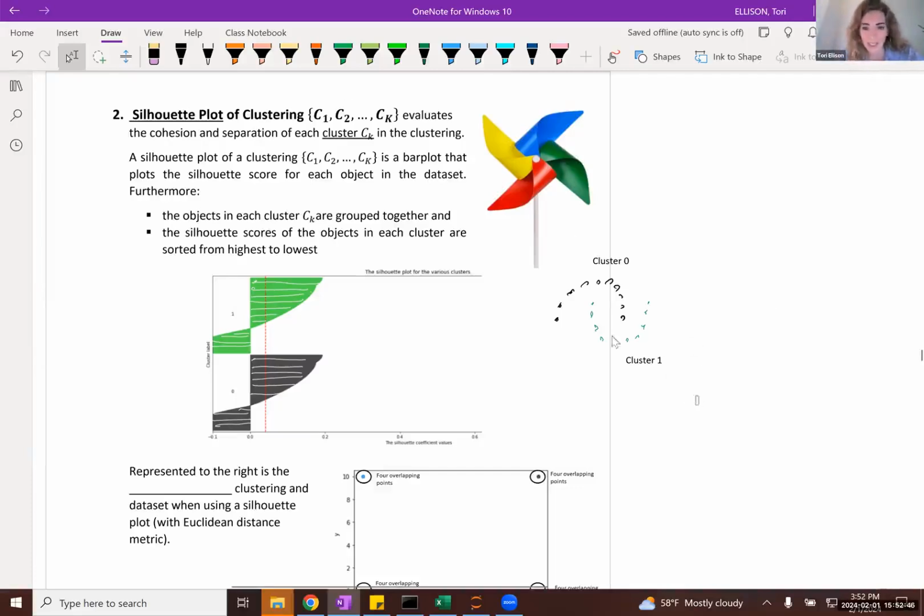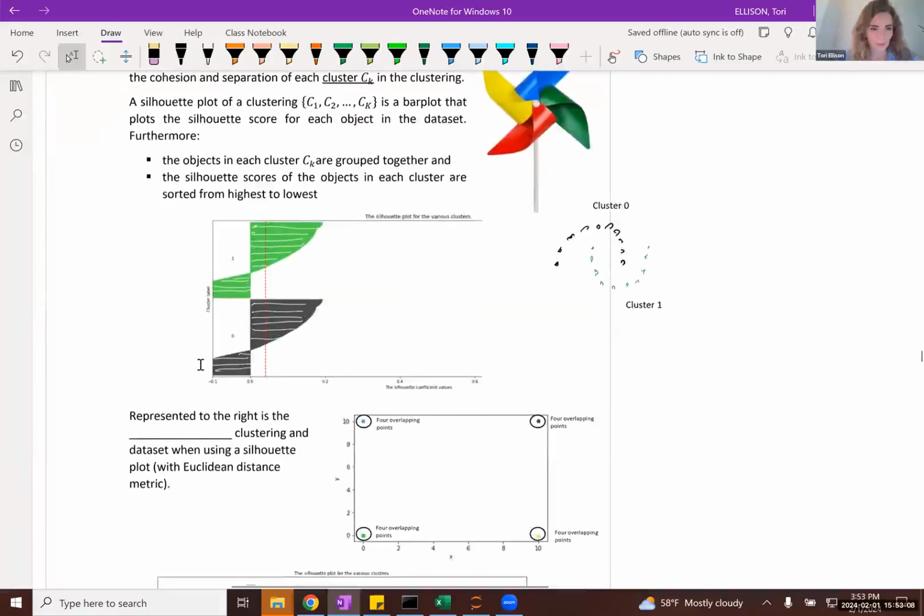So for instance, this silhouette plot here is actually the silhouette plot that you would get if you were to take these two clusters here, calculate the silhouette score, specifically using the Euclidean distance to measure distance between 2 points. And this is what you would get.